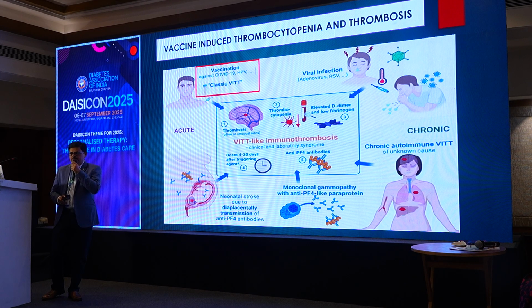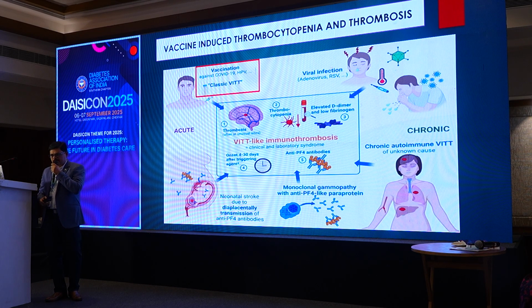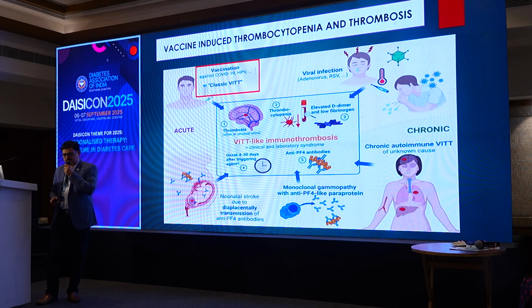So it may be an acute incident or it may be a chronic incident. In acute VITT, it first starts with thrombosis, often at unusual sites, in the deeper regions. There will be definite thrombocytopenia, elevated D-dimer and low fibrinogen levels.